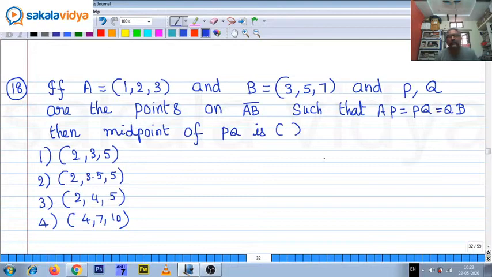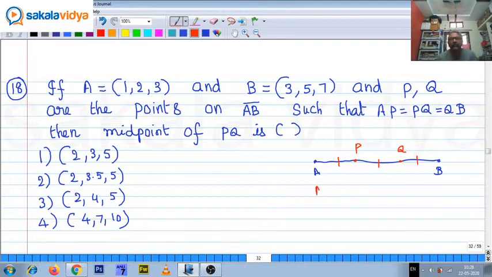So now take the line segment, say A point and B point. Now the 2 points are there, the P point and Q point. Actually, P point and Q point divide the line segment into 3 equal parts. So P, Q are called points of trisection.